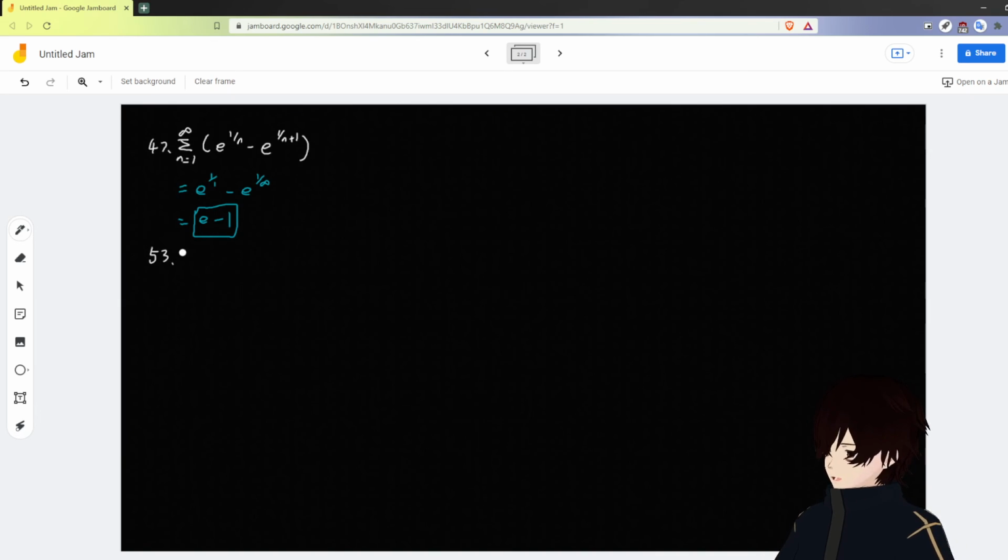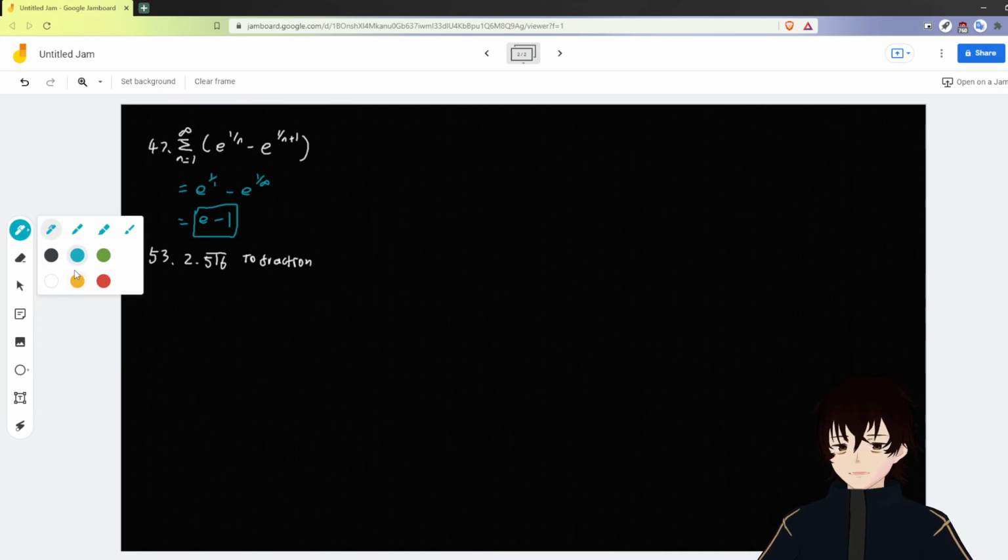Next up is 53, which says 2.516 repeating, two fractions. All right, so this is equal to 2 plus 0.516 times 1 over 1,000 to the power of... I forgot the sum part.